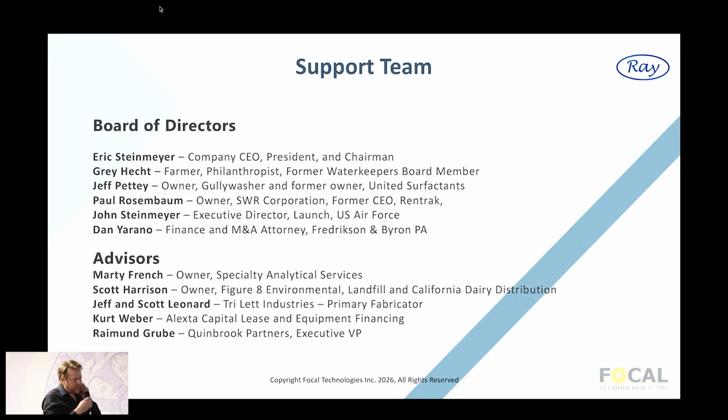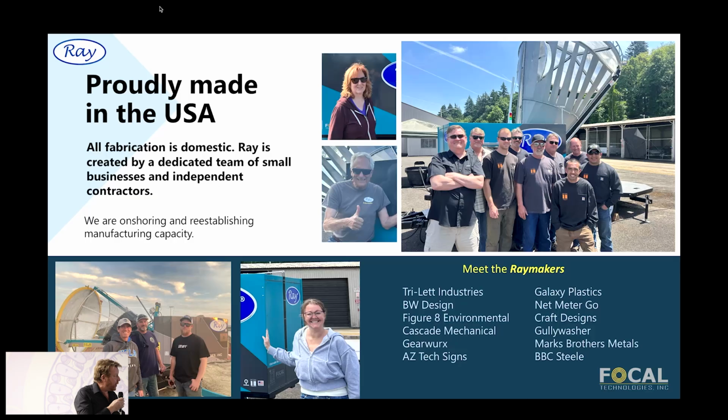Our board of directors is awesome. It includes a former Wall Street CEO, owner of an environmental remediation company, and an M&A attorney that's in the environmental remediation space. We're advised by chemists and fabricators and environmental professionals.